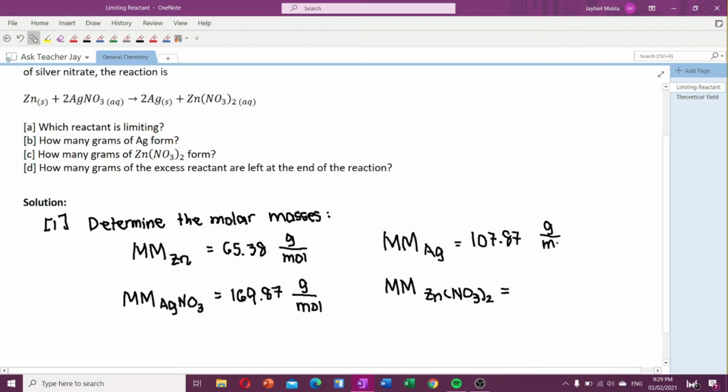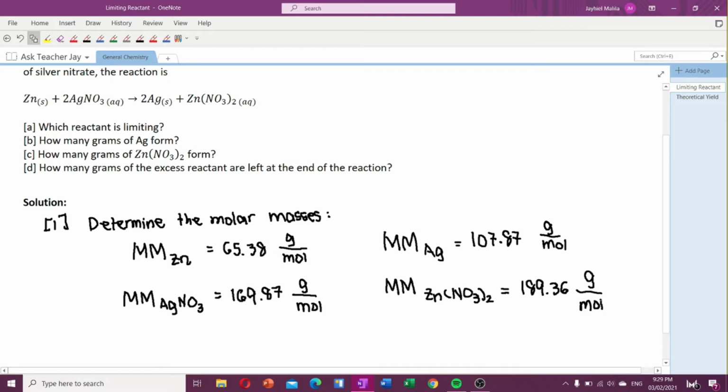And last but not the least, the molar mass of zinc nitrate is 189.36 grams per mole. So that's the first part, the determination of the molar masses.